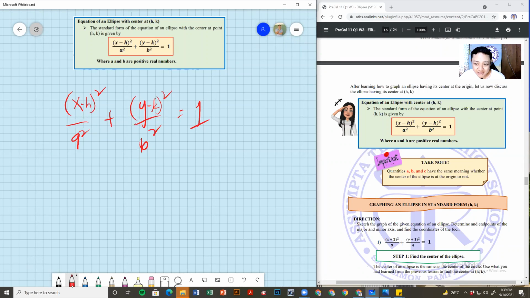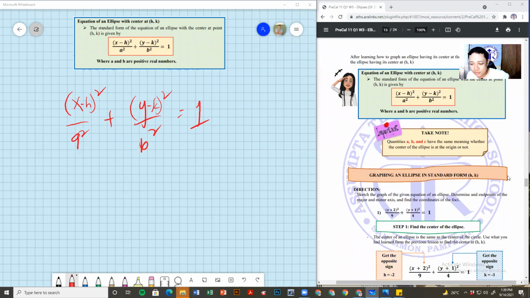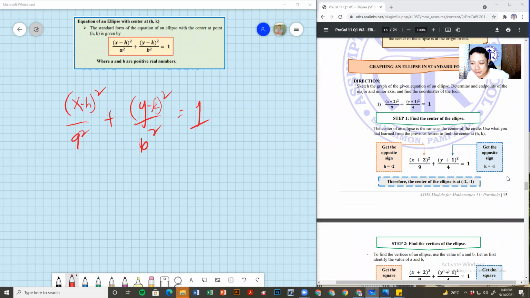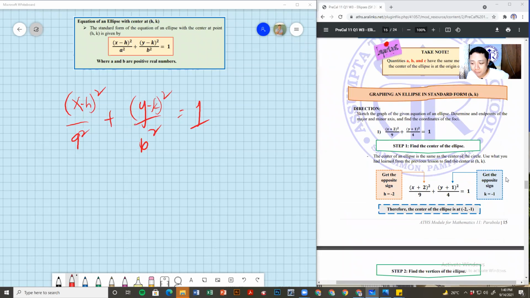It's just the same as a while ago. Let's continue. Let's have this example. Are you ready? Show a reaction, please, if you're ready to learn this next process. Okay, great. Very good. Let's now move on with our process.